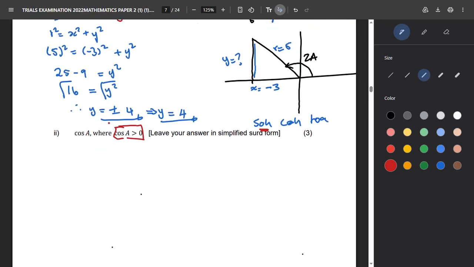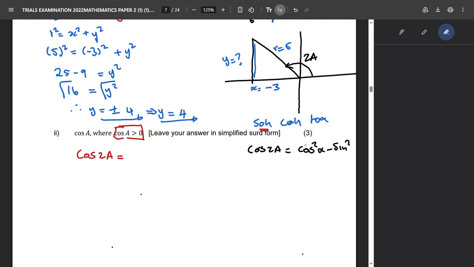So the cos 2a is what was given. Remember, this is a double angle, right? Since it's a double angle, we know that the cos of 2a is equal to cos squared x minus sine squared x. Let's just use A instead.